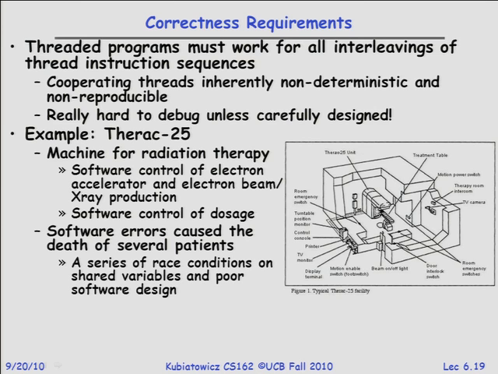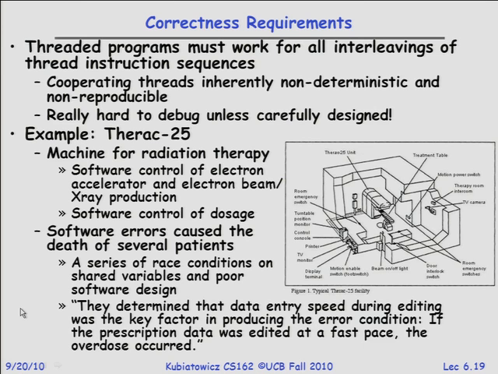A particular one that I think is amazing here is, this is a quote from a paper, by the way, I put up for reading on the lecture page. They determined that data entry speed during editing was the key factor in producing the error condition. If the prescription data was edited at a fast pace, the overdose occurred. So this is a great error, right? If you've got an operator who really knows the machine well and is typing fast, then they're more likely to kill you as a result. That's a very bad synchronization bug.